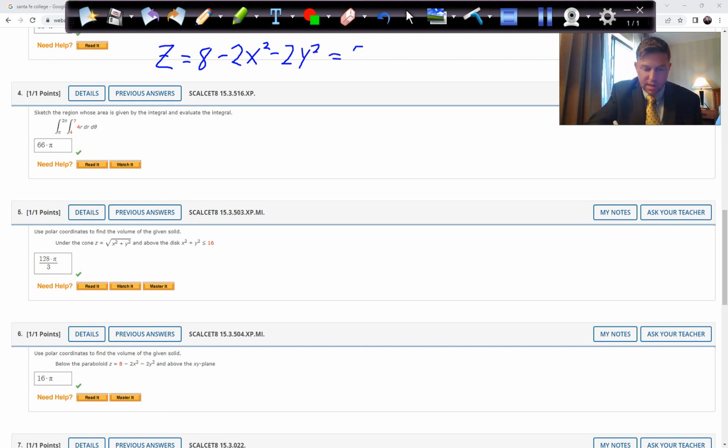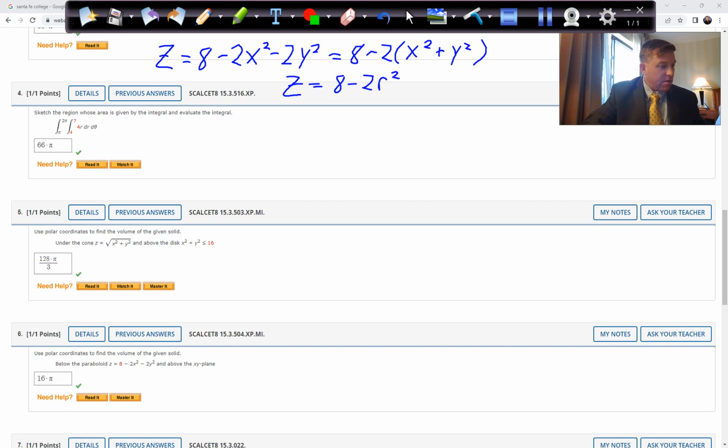So this is going to be 8. Factor out a minus 2, which is going to give us x squared plus y squared, or z is equal to 8 minus 2r squared.